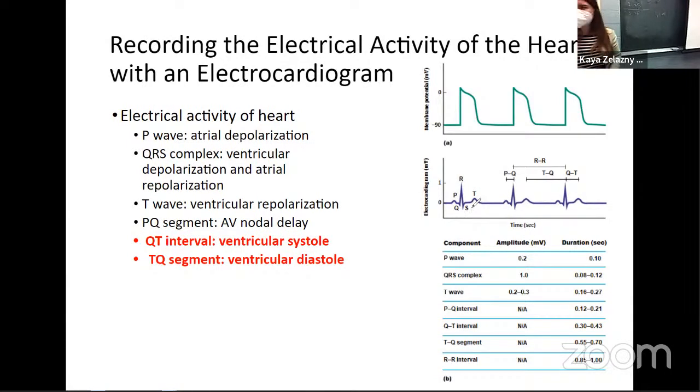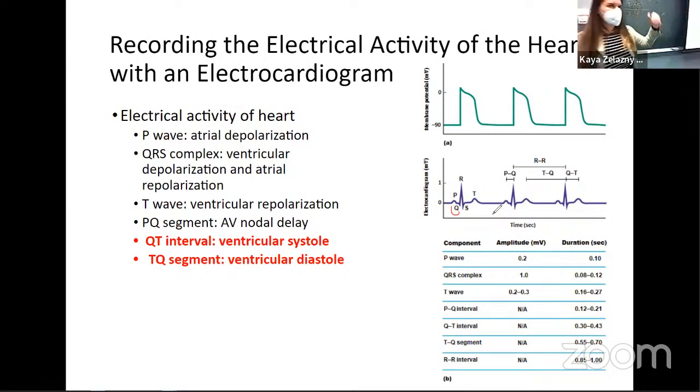Okay. And so we can look at different components, so spaces between these, to think about more detailed things as well. So one thing we might look at is the difference between P and Q. The difference between P and Q is going to tell us something about how long it's taking that conduction to get from our atria, like from our SA node, to our ventricles.